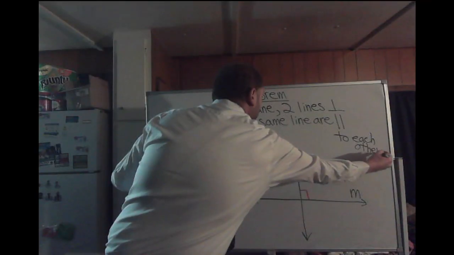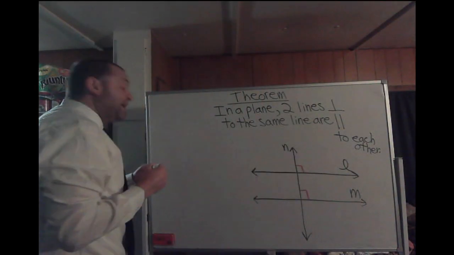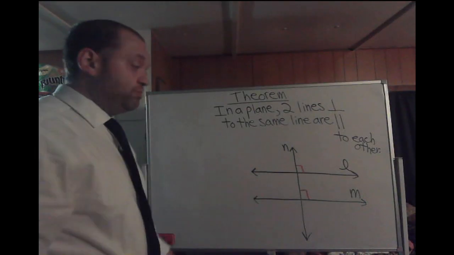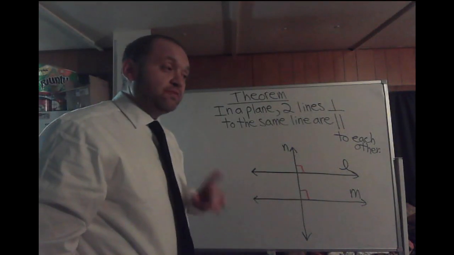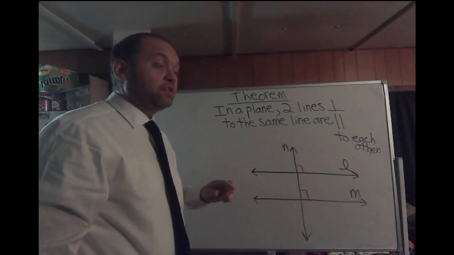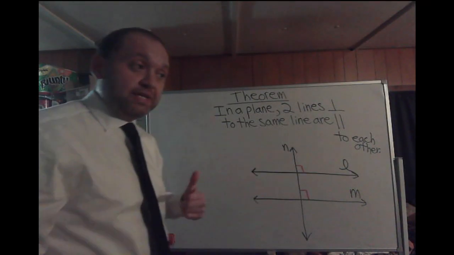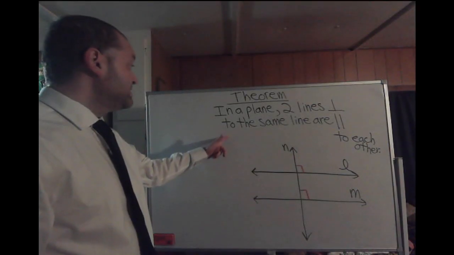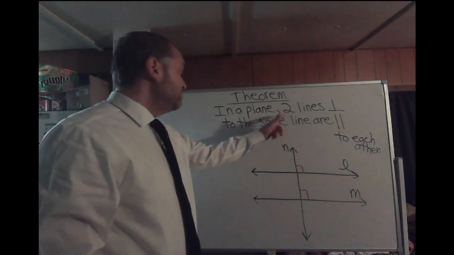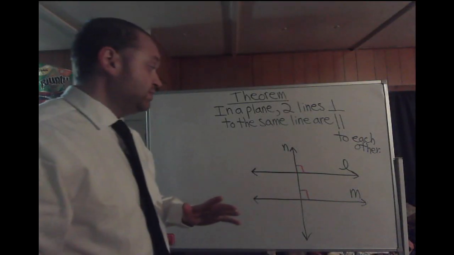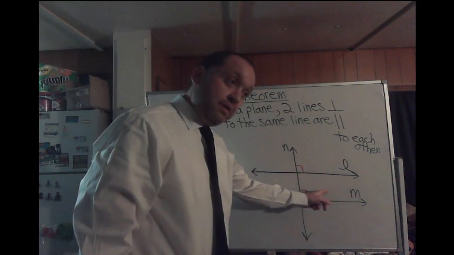So in the last lesson, we had a theorem that stated if two parallel lines are cut by a transversal, and the transversal is perpendicular to one of those lines, then it's perpendicular to the other one also. Well, we have the converse today that states in a plane, two lines perpendicular to the same line are parallel to each other. So we have lines L and M.